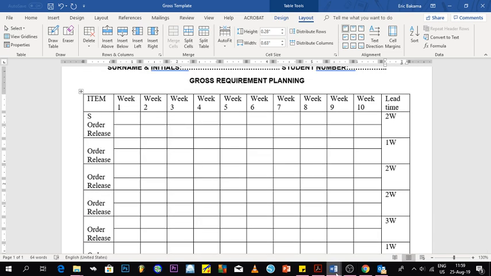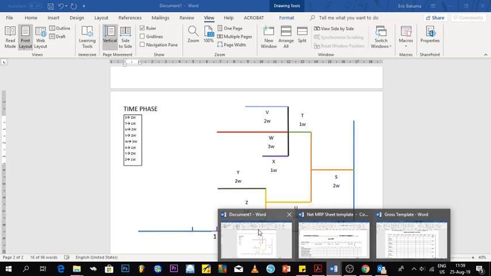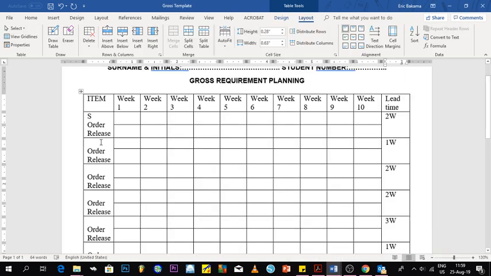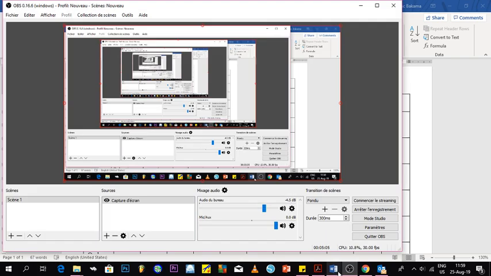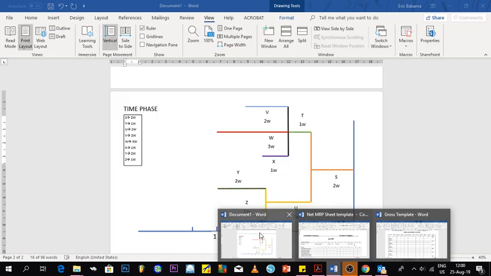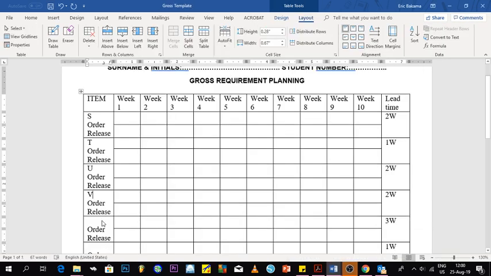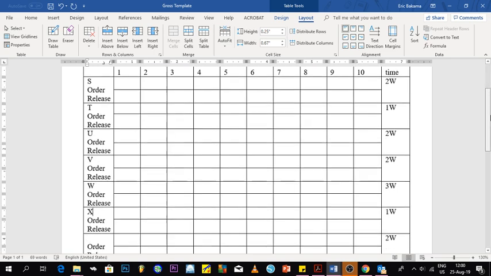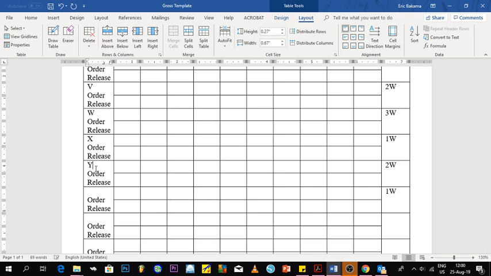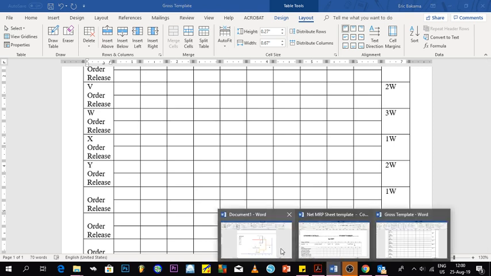So after S we have T, U, and V. So here we'll have T, then V, sorry, so we have STUV, WX, then we have Y, WXY, then the last one is Z.